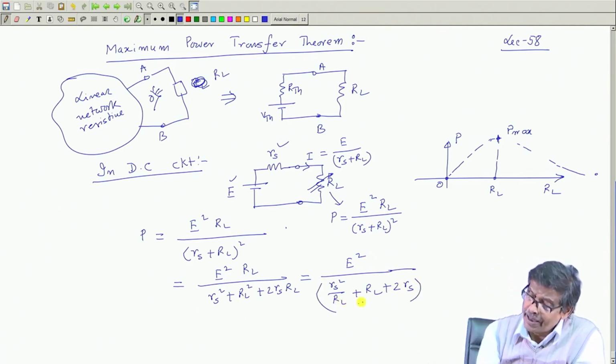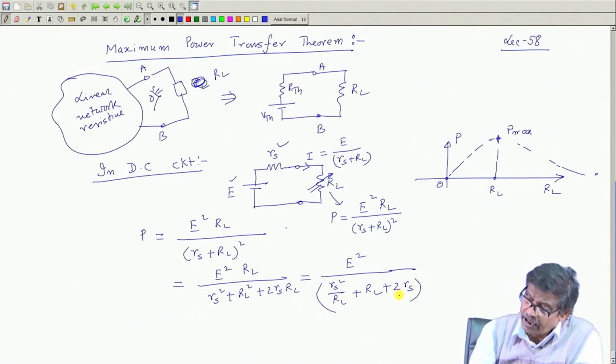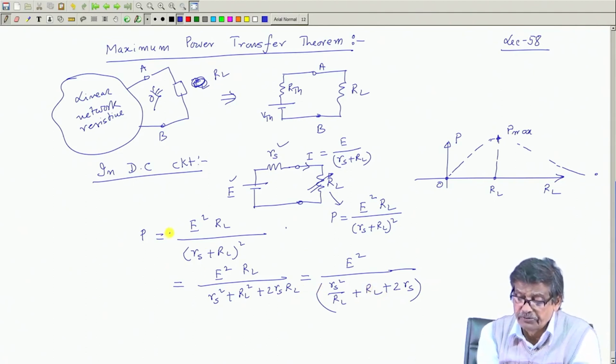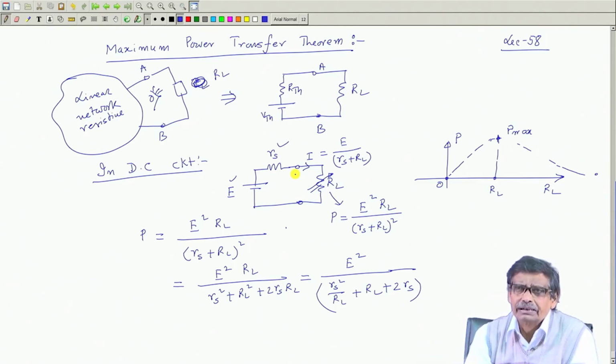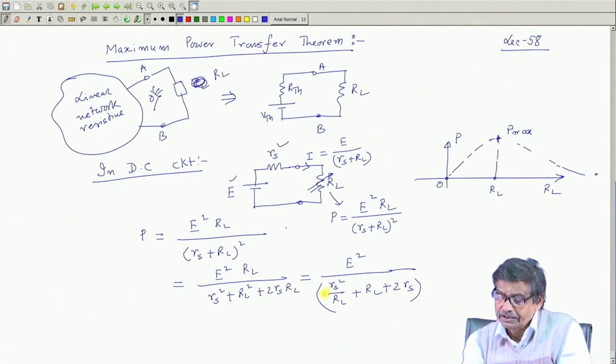So, power will be maximum if the denominator is minimum. Therefore, instead of trying to differentiate this whole thing, which will also yield the same results, but there RL is present in the numerator and denominator, so that computation becomes a little tedious, compared to that this is much simpler.